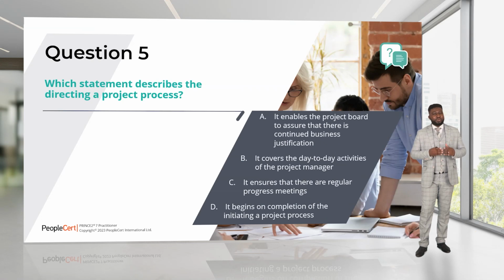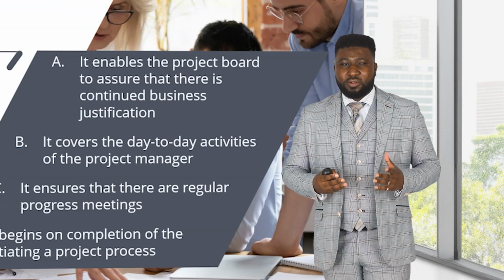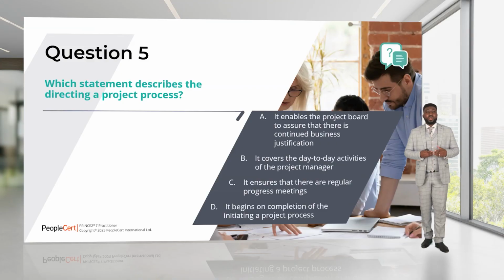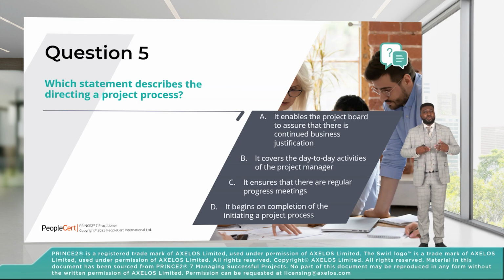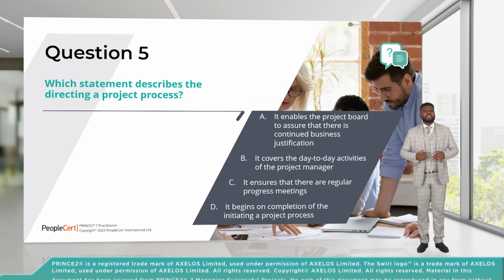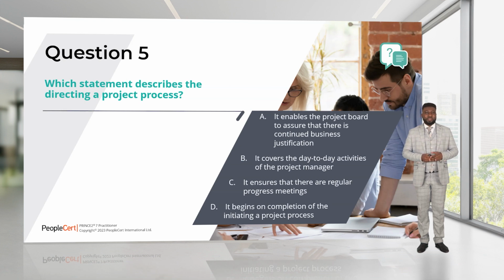And after we've got our project brief and our initiation stage plan, we're going to need to do something. When we get to the end of the starting up a project process, we're going to request to initiate a project. Requesting to initiate a project is what will trigger the directing a project process.